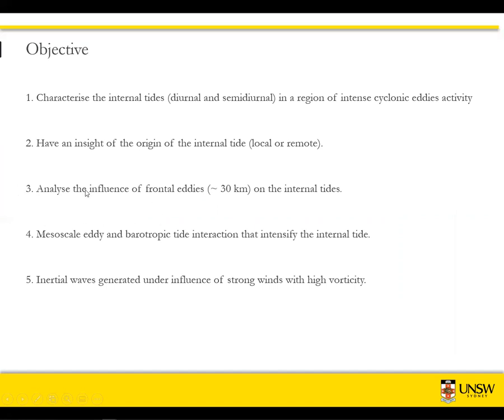Thirdly, we analyze the influence of the frontal eddies on the internal tide. Then we analyze the mesoscale eddy influence on the internal tide. And then I will show a case study of the inertial wave, that is the mechanism of generation of the inertial wave in the study area as well, just as a case study.